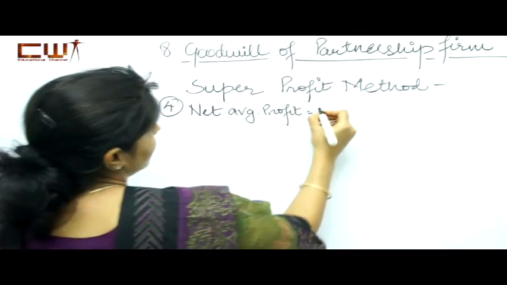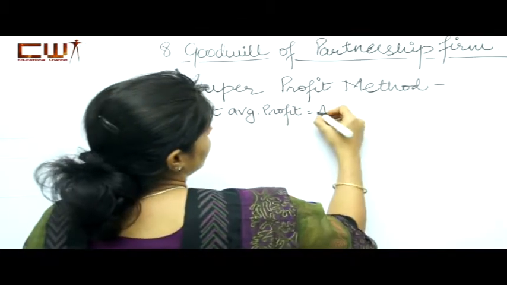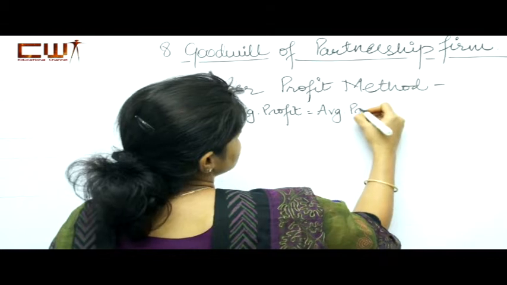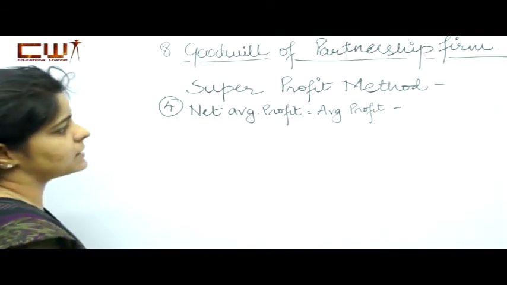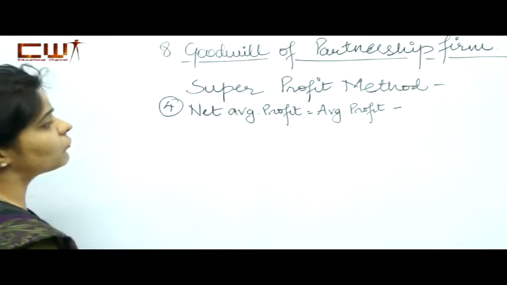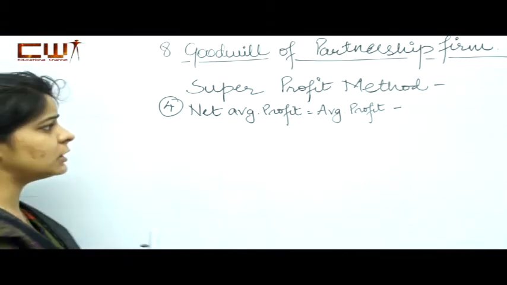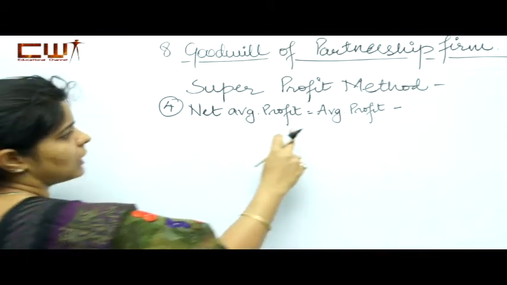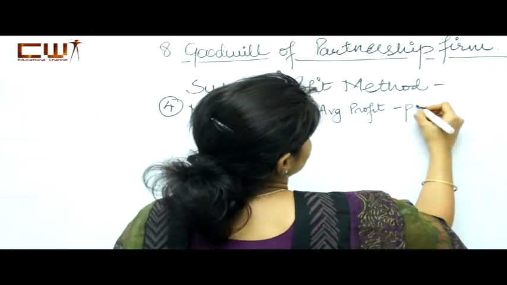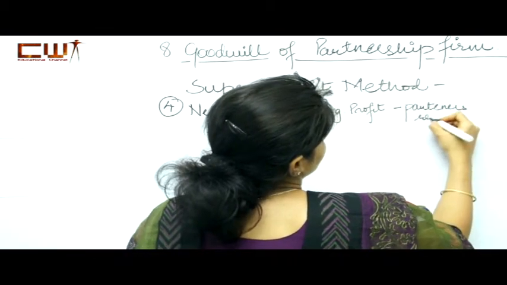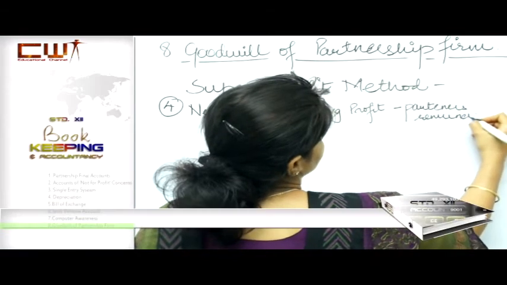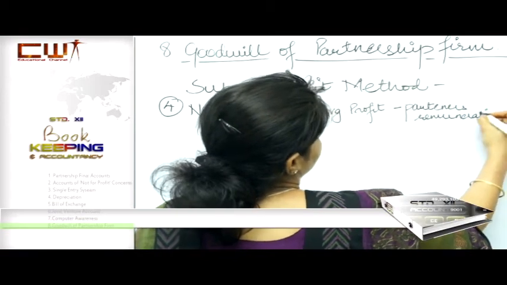Now how you will find out? You will find out average profit. Now see, this average profit is before deducting the partner's remuneration. So you have to first deduct the partner's remuneration, then only you will use this profit. So average profit minus partner's remuneration, right?